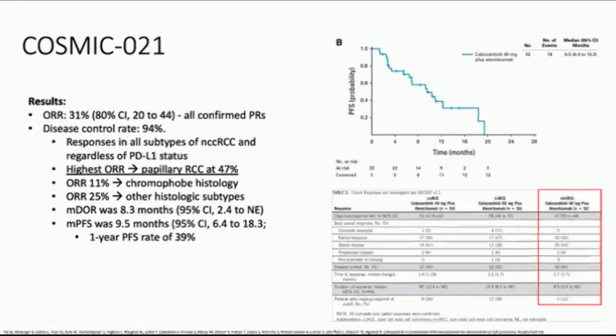The disease control rate, however, was reported to be 94%, meaning that the majority of their patients had either a partial response or stable disease. And the highest response rate here was observed within the papillary RCC group, which really begs the question if this combination therapy is best suited for patients with this histological subtype. But obviously, the numbers are very small, so it's hard to draw any definitive conclusions.